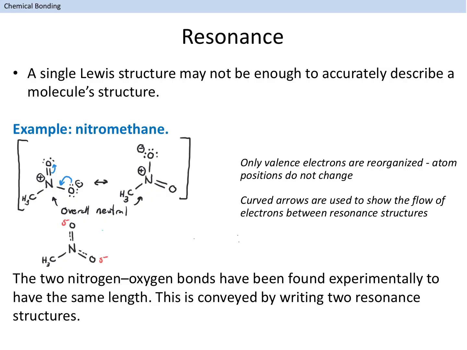In reality, this is true, as nitromethane is observed to have identical NO bond lengths. Additionally, these bonds are known to be a bit shorter than a standard single bond, but a bit longer than a pure double bond. This observation shows us that by using resonance structures, we can make more accurate predictions about the actual structures we are analyzing.